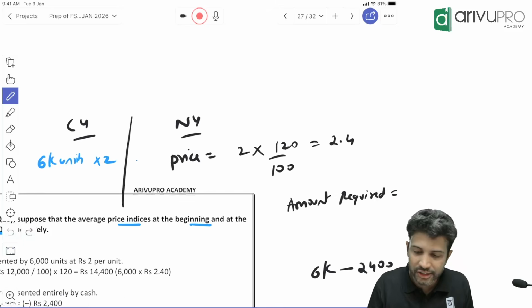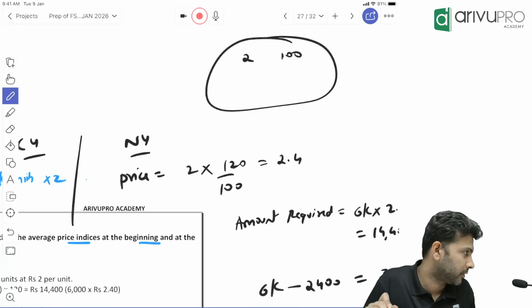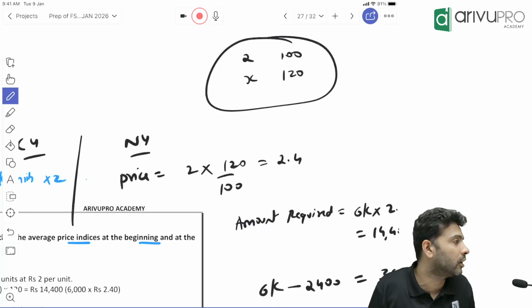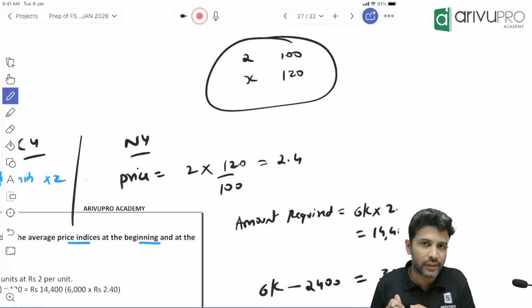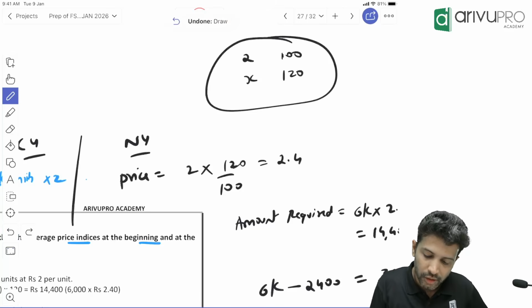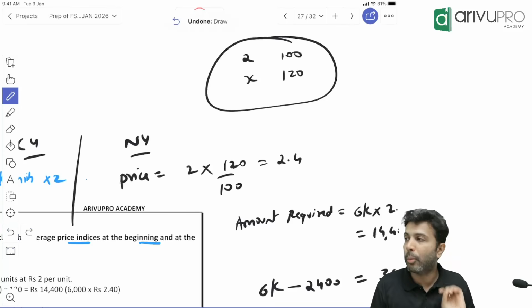When you purchased the goods by paying 2 rupees, the index was 100. But at the end of the year, the index is not 100, it has become 120. That means the price of the goods will not be 2 rupees at the end of the year. It would have changed. How much is this? How do you find X? 2 into 120 divided by 100. How much is that? 2.4.